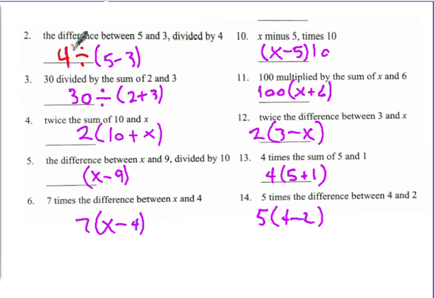This says 4 divided by the difference of 5 and 3. Well, we want it to say the difference between 5 and 3 divided by 4. So that does make a difference.